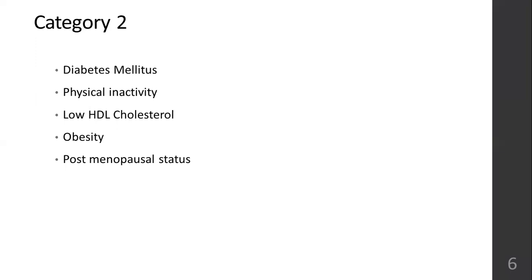Even if you are not overweight, even if you have a lean body, but you carry a lot of abdominal fat, that is a sign of cardiovascular diseases. Then postmenopausal status. Women after attaining menopause, their risk increases because of the absence of estrogen.